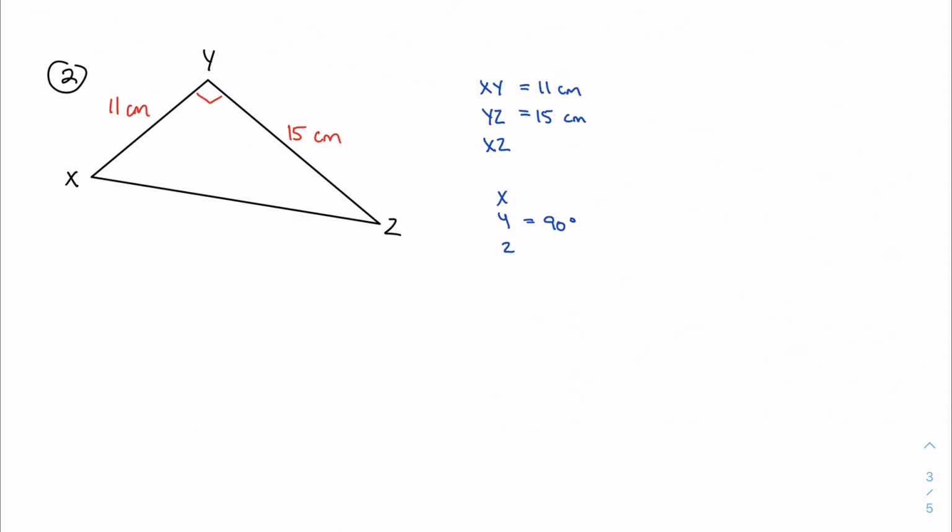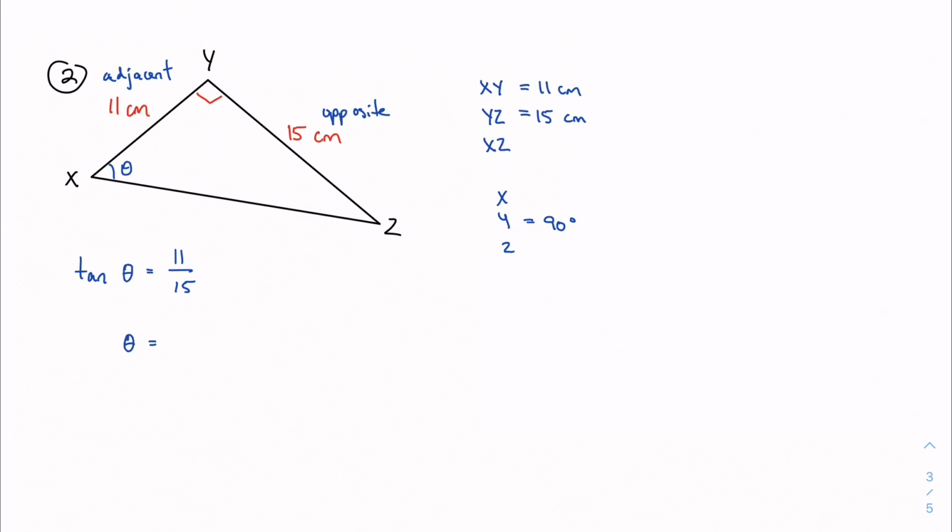It doesn't really matter which one I pick, so let's just pick angle x. I've got the side opposite x, the opposite to theta, and this is the side adjacent to theta. So knowing opposite and adjacent, SOHCAHTOA, this is tangent, so I know that tangent of theta is 11 over 15. And to solve for theta, I can use my inverse trig functions.